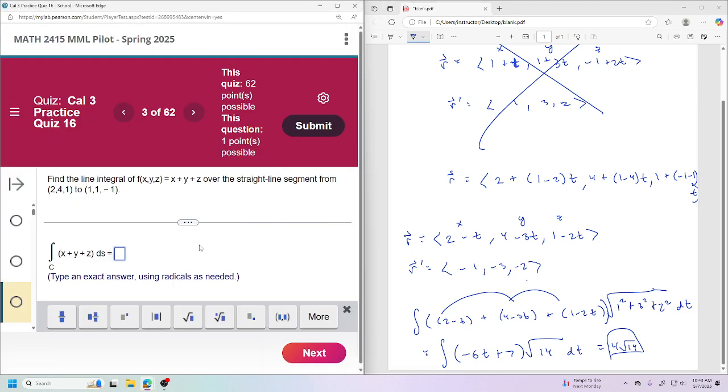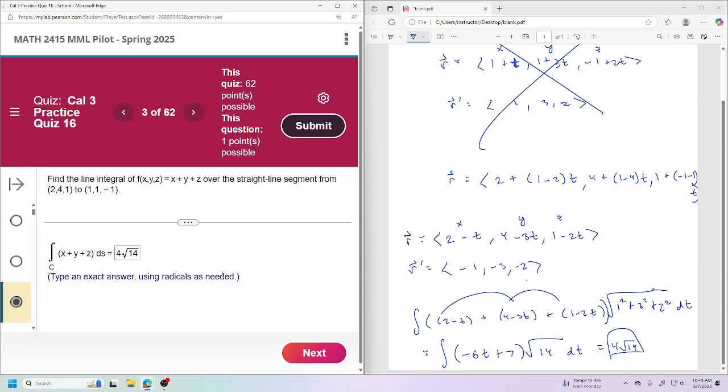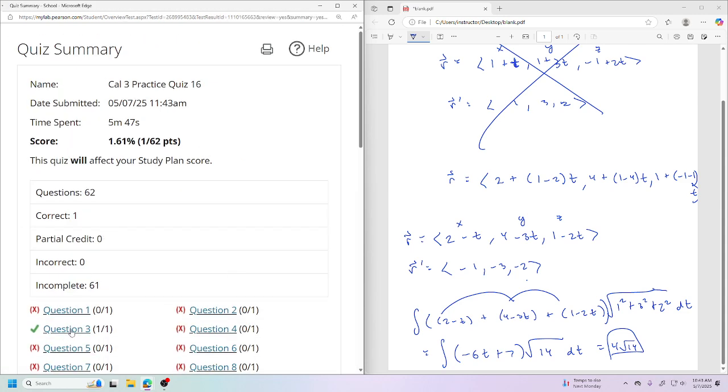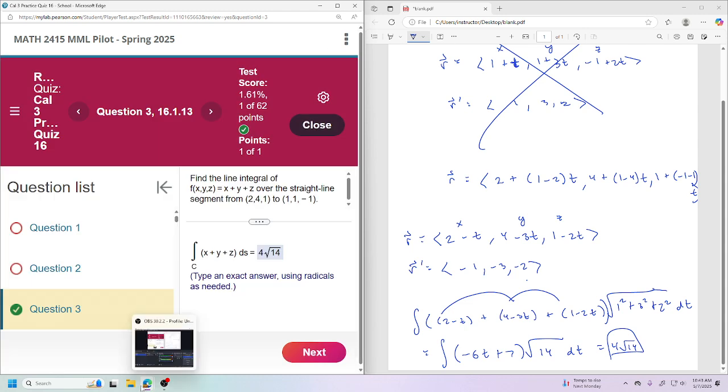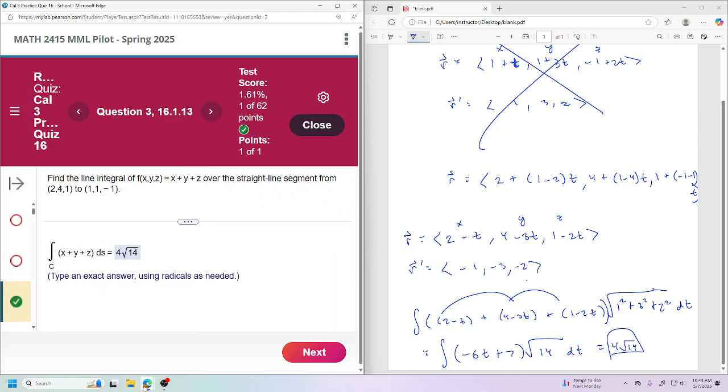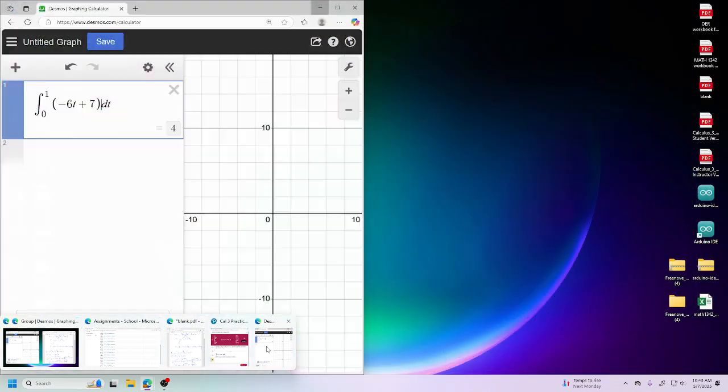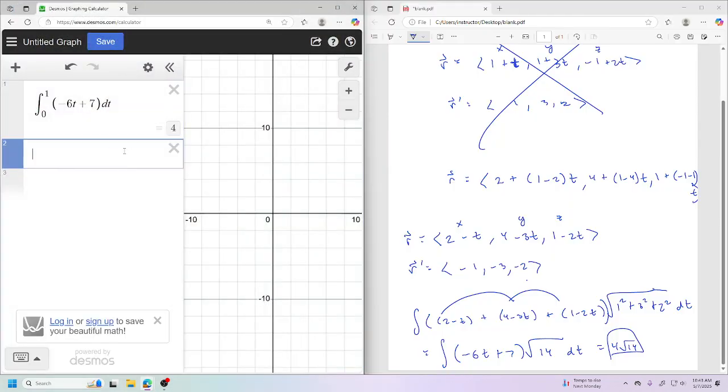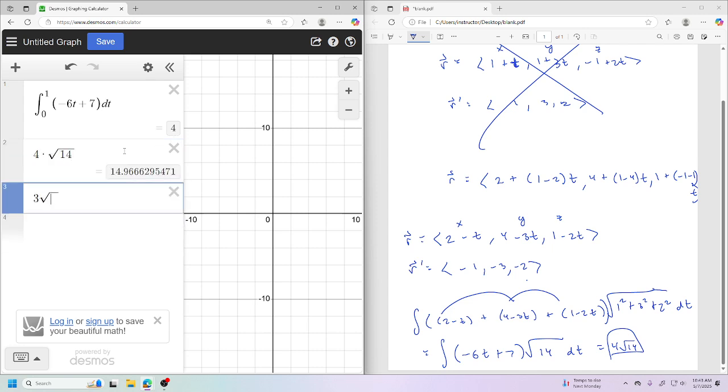Look at my answer in Desmos, see if they both have the same value, unless I simplified something wrong. Oh, you want me to plug in yours? Desmos, see if the values are the same. So 4 square root of 14, and yours was 3 square root 22.